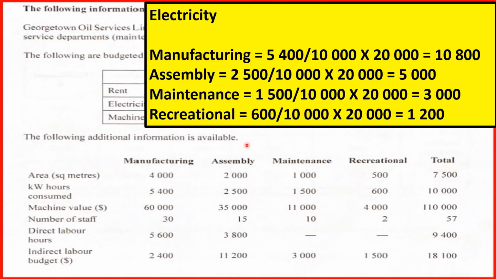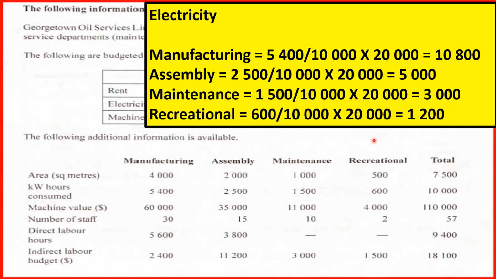We have 10,000 and the electricity overhead is 20,000. So we take 5,400 divided by 10,000 multiplied by 20,000 overhead. We get 10,800 for manufacturing. Do the same for assembly, maintenance, recreation, and we get these four figures.